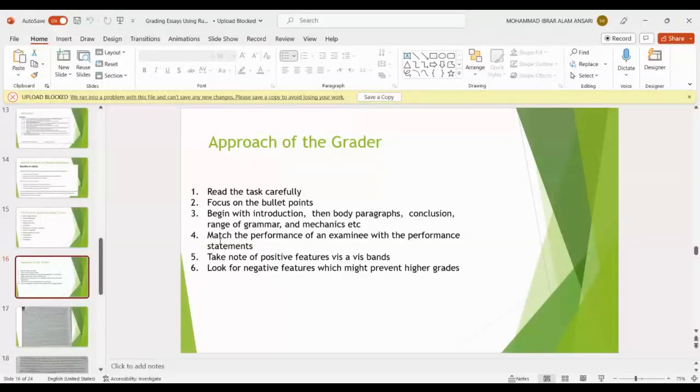And then after going through the essay, we need to match the performance of our students with the descriptors given in the rating scale. Like if a student has written body paragraphs which are well developed, well organized, he deserves top marks.